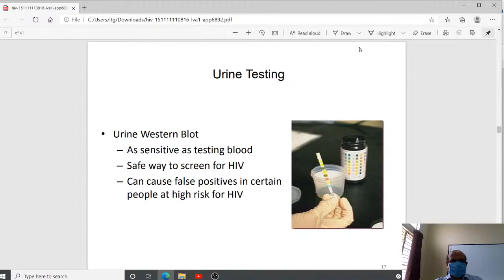Urine testing is as sensitive as testing blood, and safe. It is a safe way to screen for HIV. It can cause false positives in certain people at high risk of HIV.